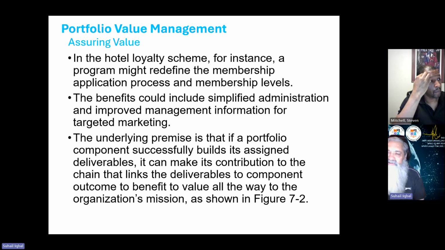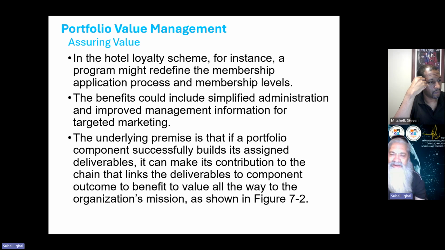Our membership levels are too complicated for people to understand, and that's why the loyalty program is not working. So maybe you have to tweak things so that we can assure the value. The benefit could include simplified administration and improved management information for targeted marketing.